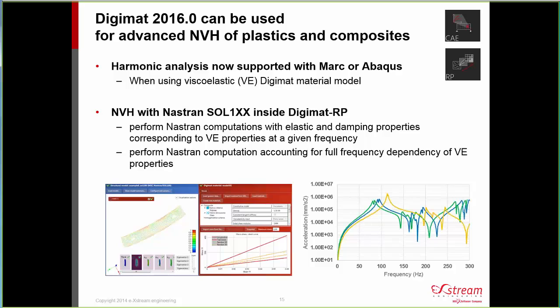It means that for each frequency of interest along the frequency range of the frequency response analysis, Digimat will calculate and provide to Nastran the correct anisotropic stiffness and damping behavior for the given frequency. And this is a huge improvement compared to what was possible until now with reinforced plastic for frequency response analysis.